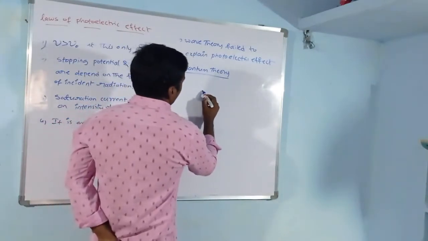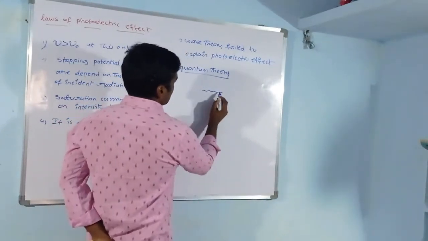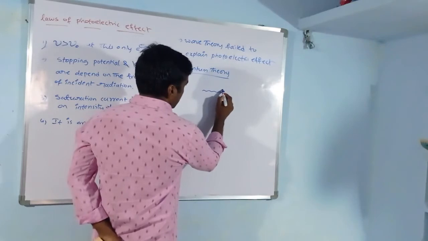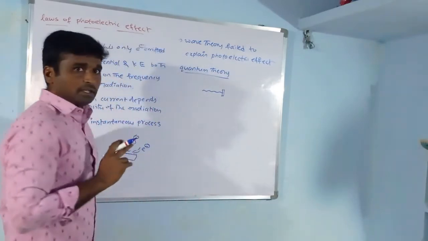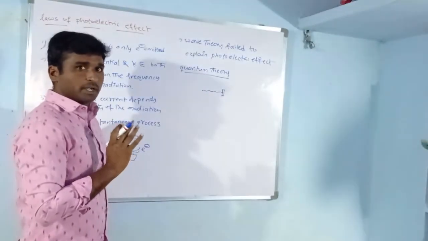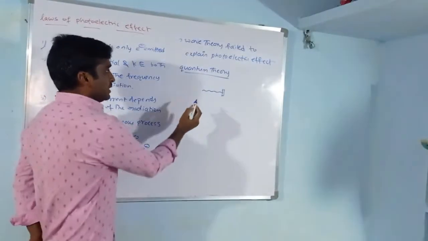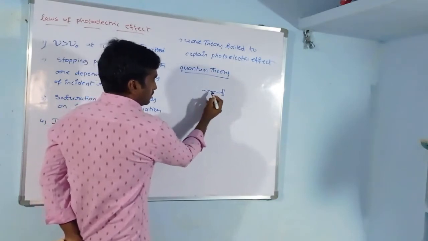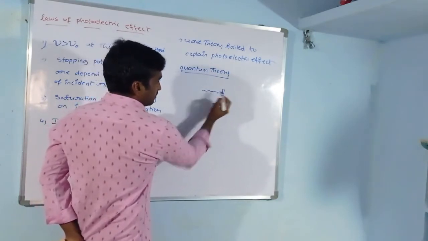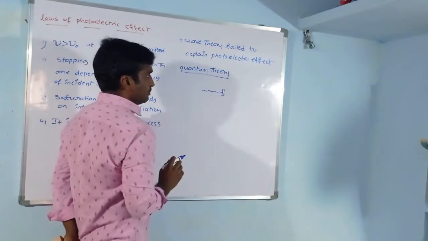When light is in motion, it behaves as a wave, but when light interacts with matter, it behaves as a particle.